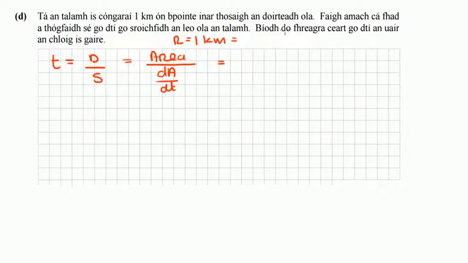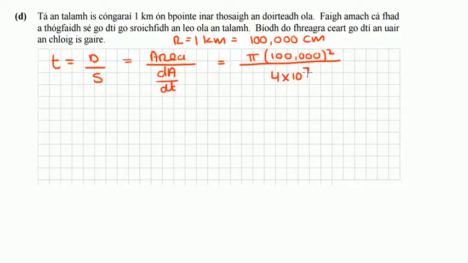Because we've been dealing with everything else in centimeters, so the rate of change of the area and everything else in centimeters, we need to change 1 kilometer to centimeters, and it's 100,000 centimeters. So the area that it's traveling is pi r squared, and the rate at which it's traveling is dA/dt, which is equal to 4 multiplied by 10 to the power of 7.